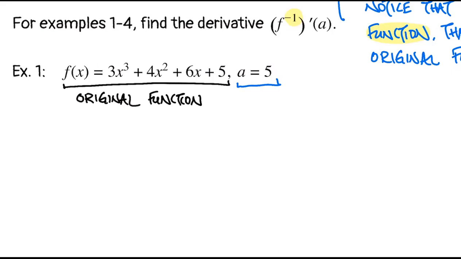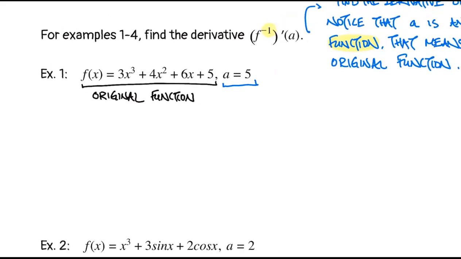Let's be a little bit more specific. I know that it means a equals 5, but specifically the x value on f inverse is 5. And what does that mean? It means the y value on f is 5.